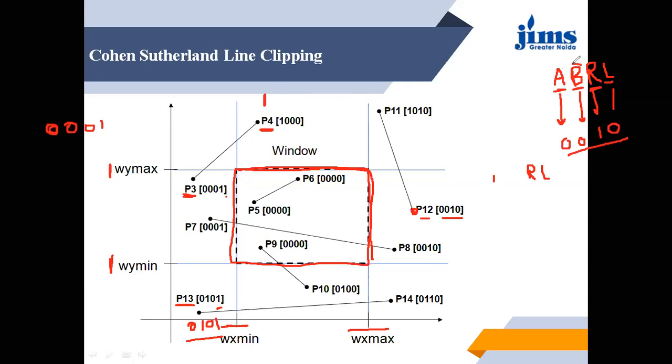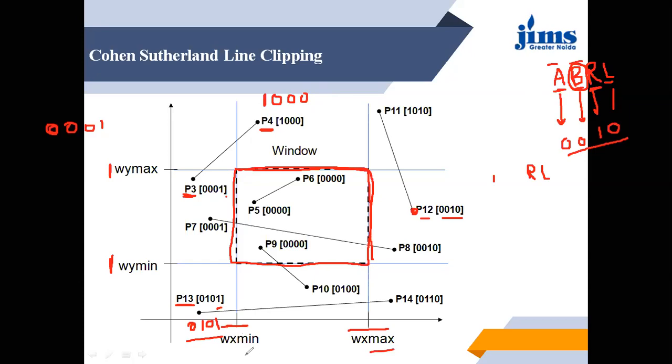For B, when we are checking that is it below from the window, no, it is not below from the window, because either it can be above or it can be below. So below is 0, and right and left both are also 0, means this is not in the right and in the left also, because this lies inside Wx min and Wx max.